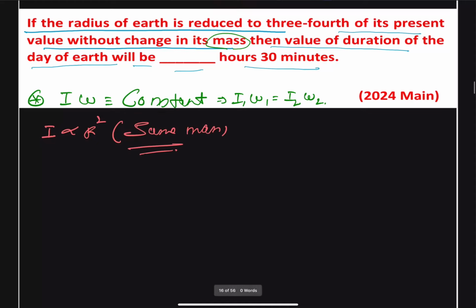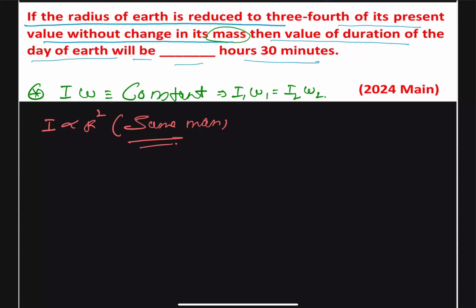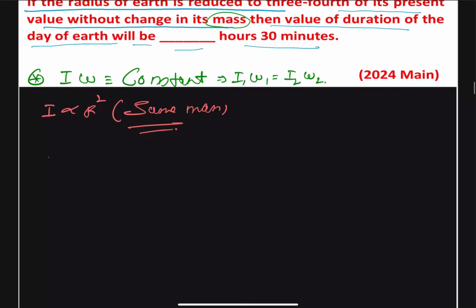And therefore we can write that our omega 2 is equal to I1 by I2 multiplied by omega 1, and I1 is proportional to r1 square and I2 is proportional to our r2 square, and it says that it is 3/4.